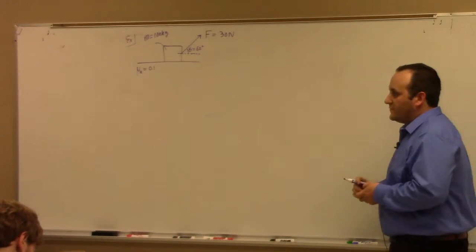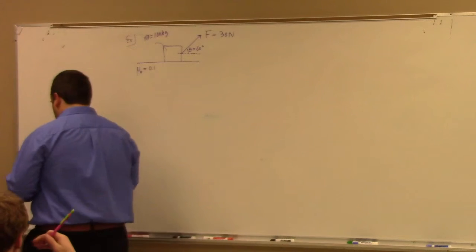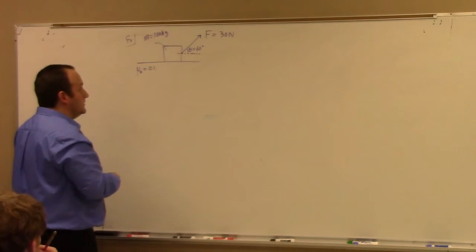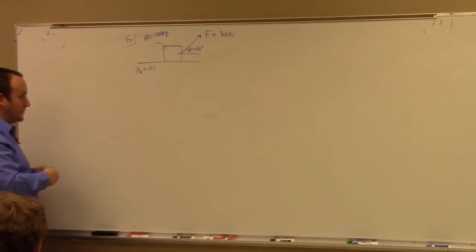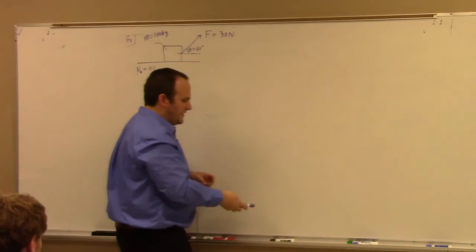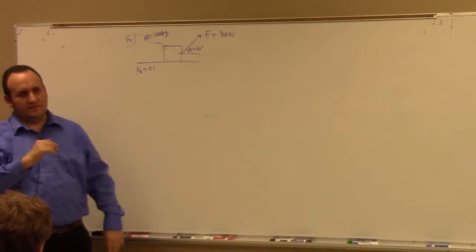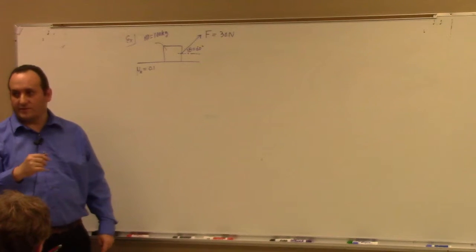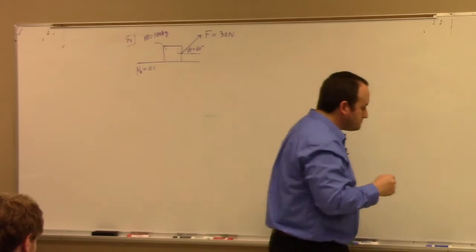Hopefully I've made these numbers reasonable so that it wouldn't be like lifting the box up or something. We don't really have the analysis for that at the moment. The problem of refrigerators tipping over, things like that, that's really a problem for the statics course. So some of you will take that.